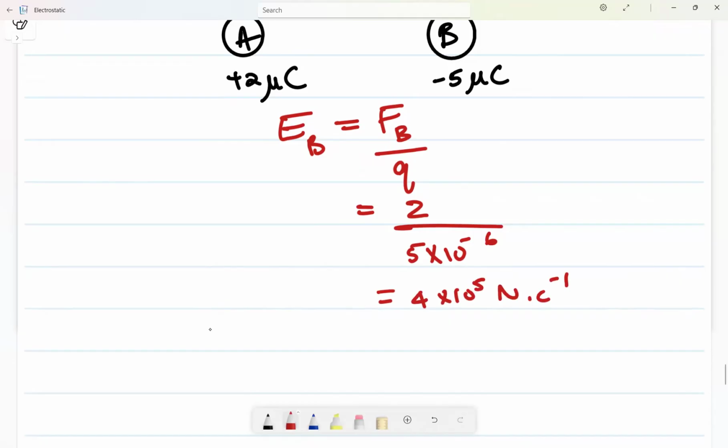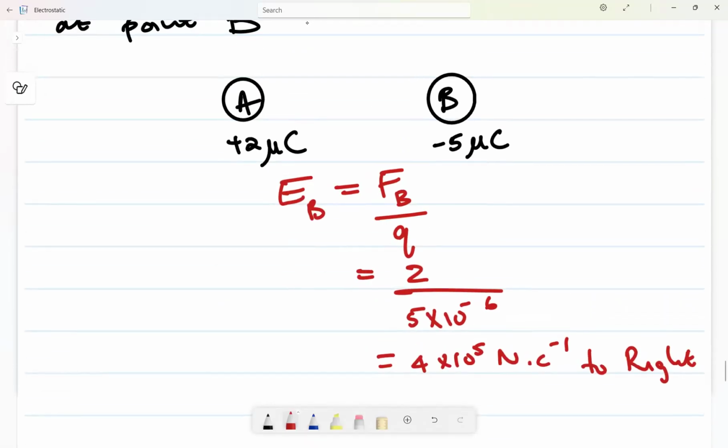Remember, it is a vector, so it should have a direction. Why are we saying to the right? Let me remove this. Because these two attract each other.